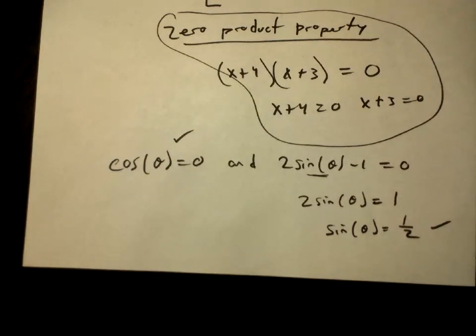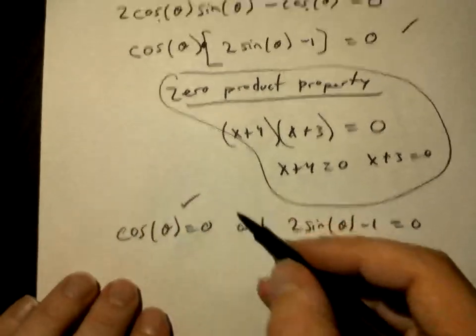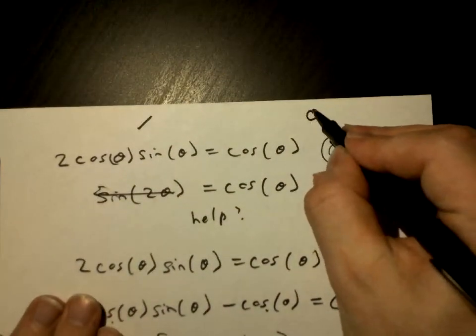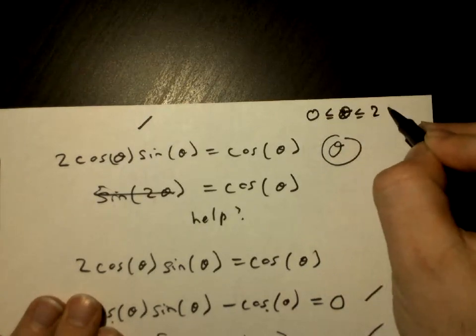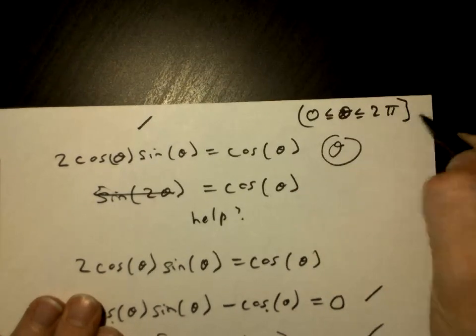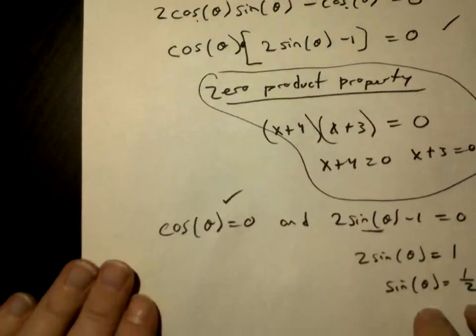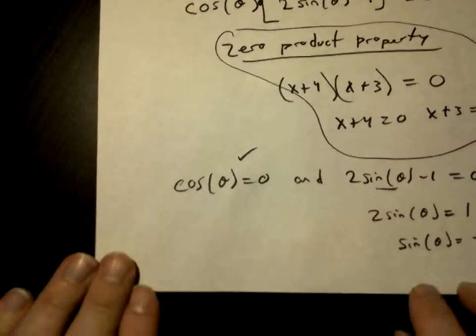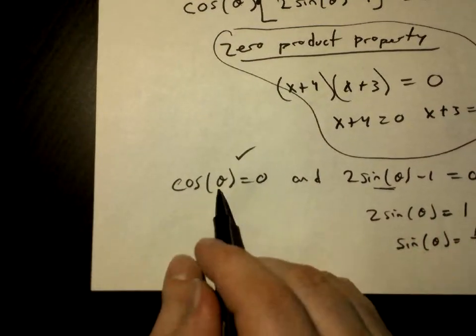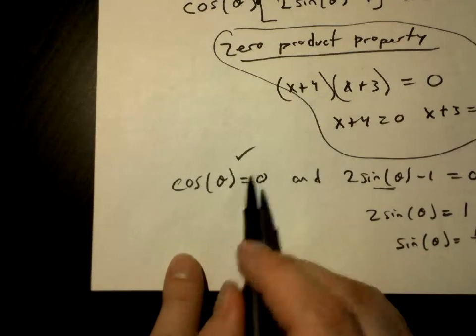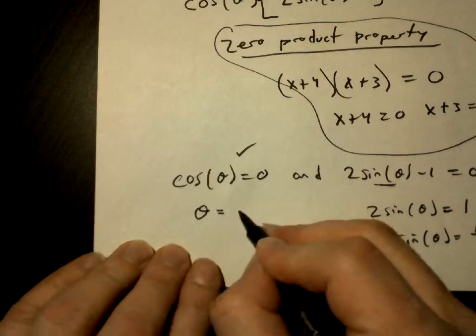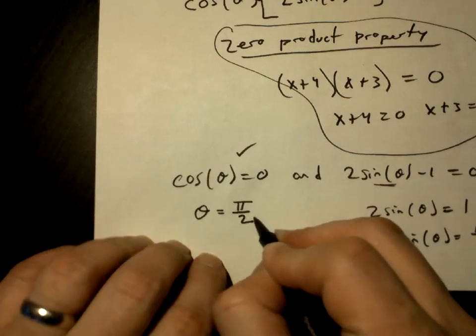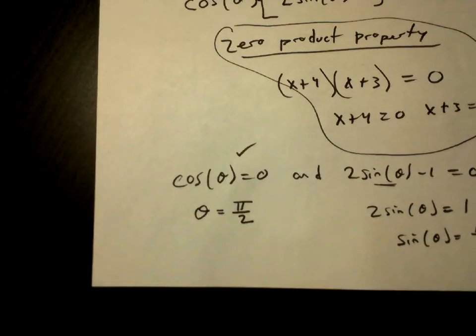All right. Let's try this. If I go back up here, if I give you a restriction, actually I should make that theta. If I give you this restriction, this is what you're going to write. Where is cosine 0? You're probably going to think, well, theta at cosine 0 is, or sorry, pi over 2.